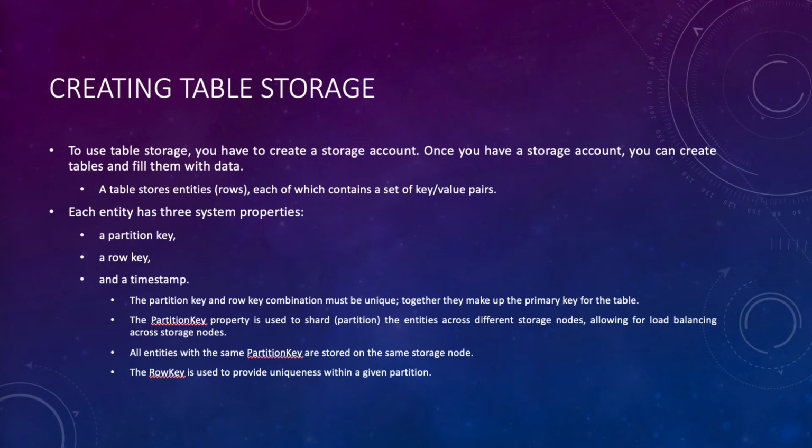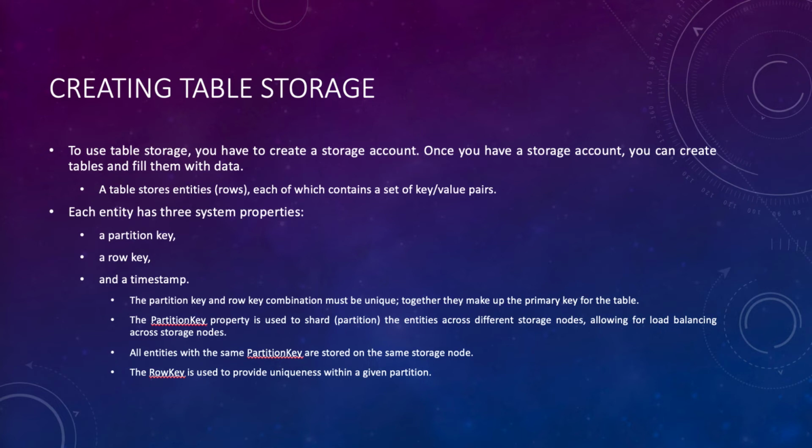The partition key property is used to shard, or partition, the entity across different storage nodes, allowing for load balancing across the storage nodes. All entities with the same partition key are stored on the same storage node. The row key is used to provide uniqueness within a given partition.